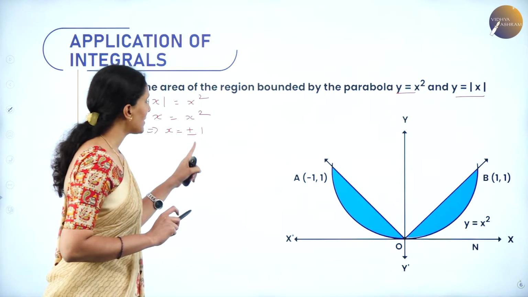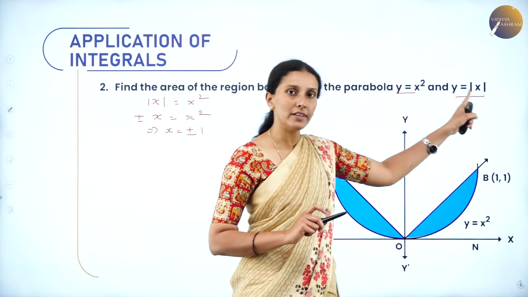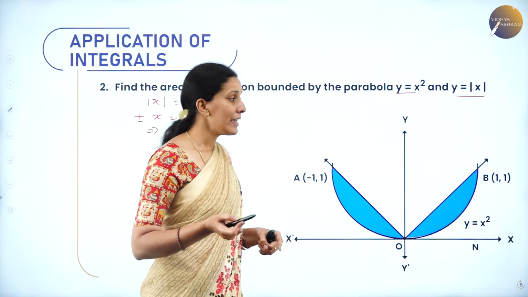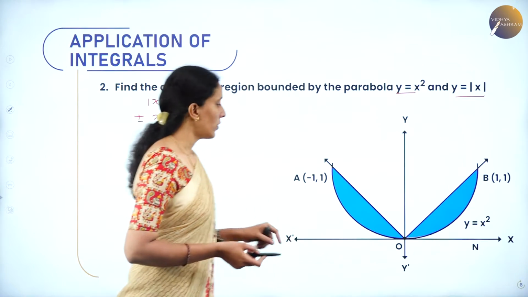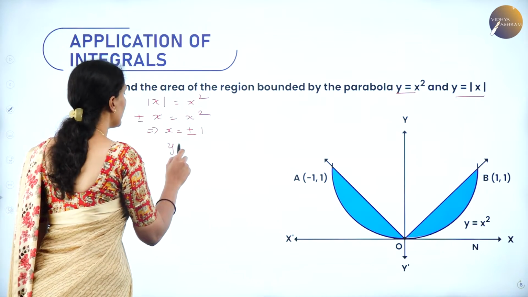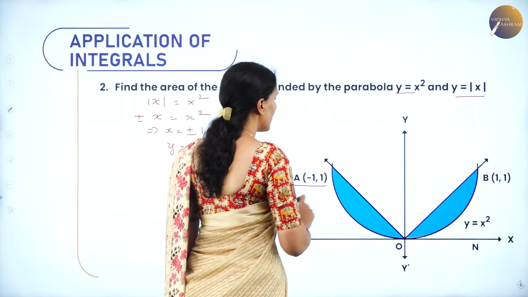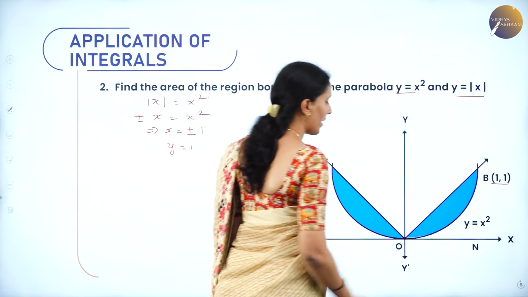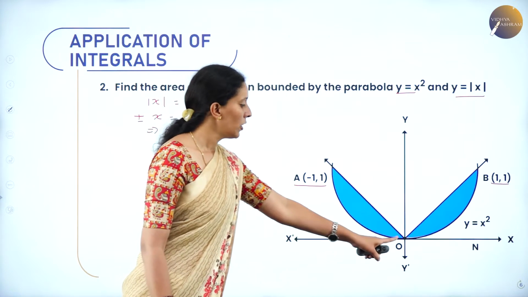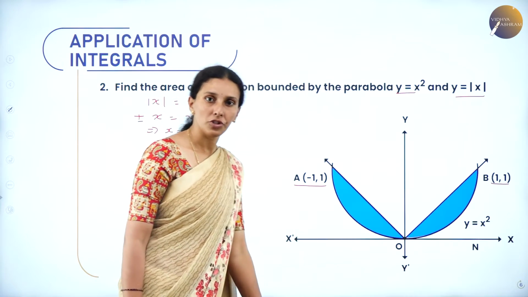If x is equal to plus or minus 1, then according to y is equal to modulus x, y is 1. So the points of intersection are minus 1 comma 1 and 1 comma 1. Also you can see both curves meet at the origin also.